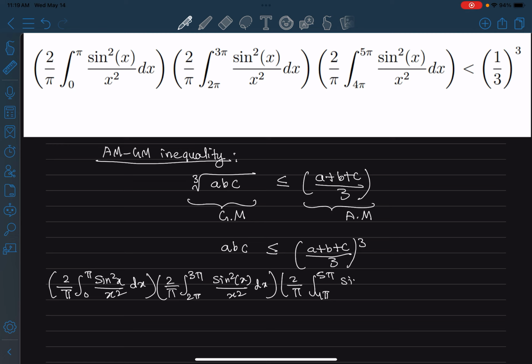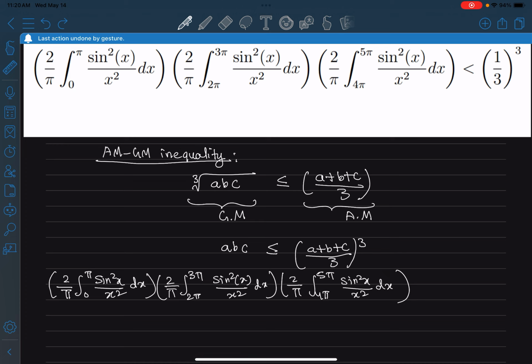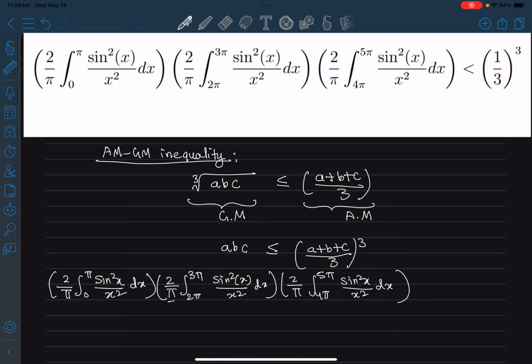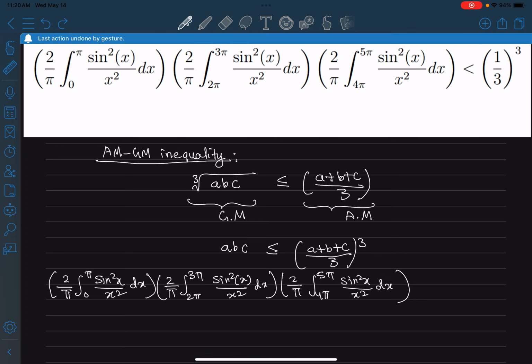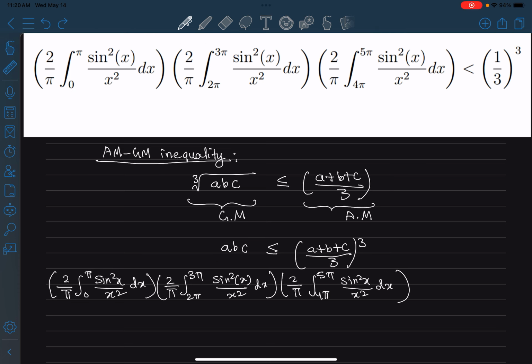Now, first of all, I do need to verify that all these quantities are positive, and it turns out they are because the integrand is positive, right? And this is going in a positive direction, so of course the integral will also be positive. And also this is multiplied by a positive number, so it's positive. So if A, B, C are positive, now you can use this inequality.